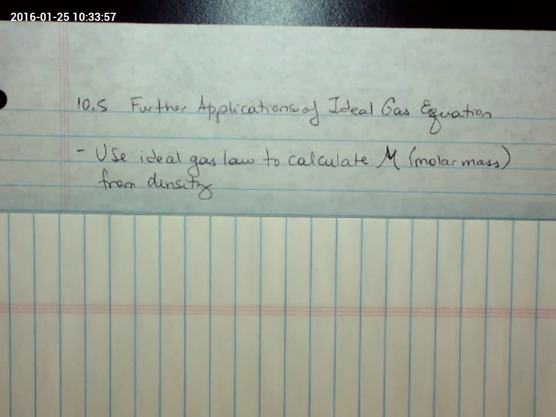Molarity. This week, capital M means molar mass of a gas. And we're going to calculate it from the density of a gas. And the next lab that you're going to do, I already have it planned. We're going to do it before we take the midterm exam. I'm going to give you a gas. You're going to calculate its molar mass from doing some measurements. The measurements are going to be density measurements.